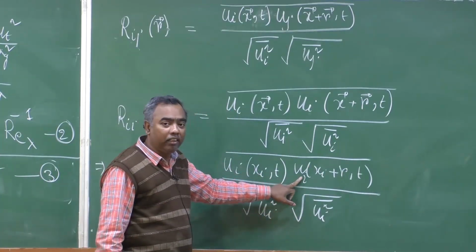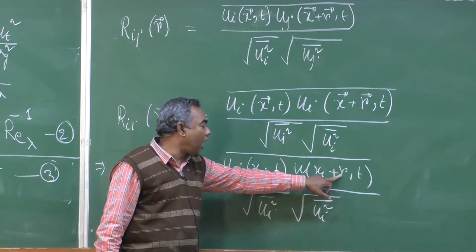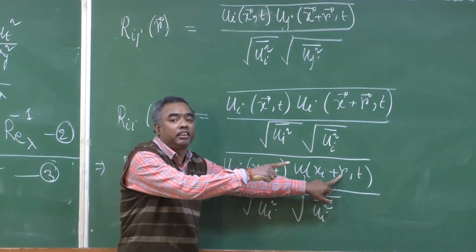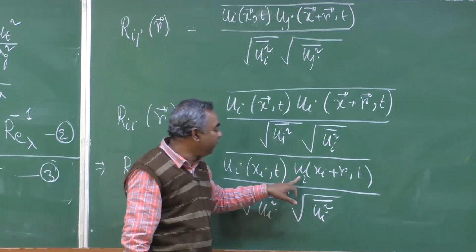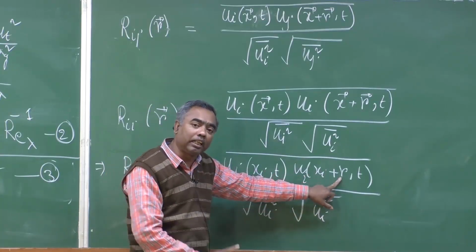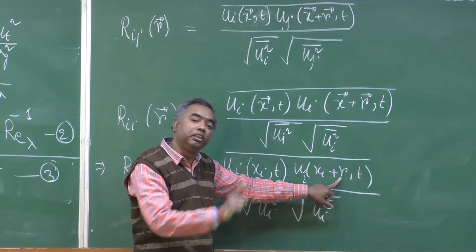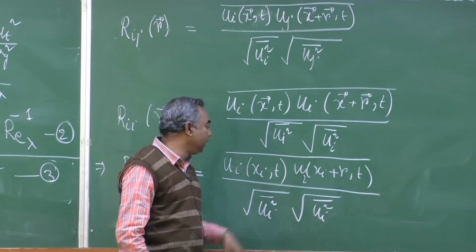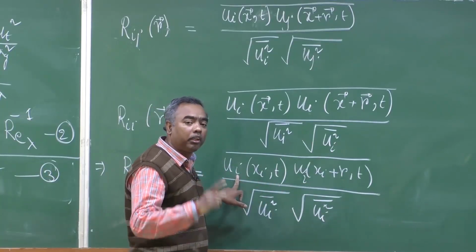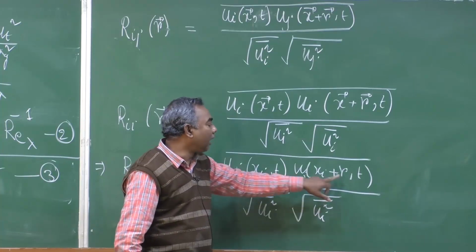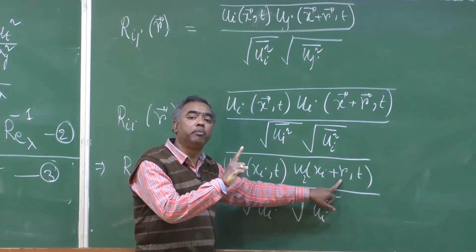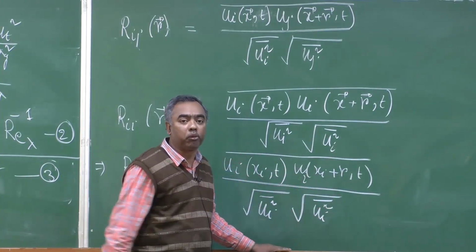If it is u1 and r goes along the x1 direction, then it is longitudinal correlation. Similarly, if it is u2 and r goes in the direction of x2, then also it is longitudinal correlation. Similarly, if it is u3 and r goes in the direction of x3, then also it is longitudinal correlation.